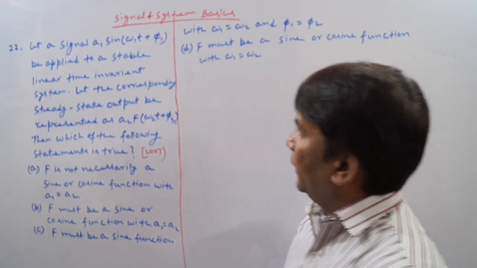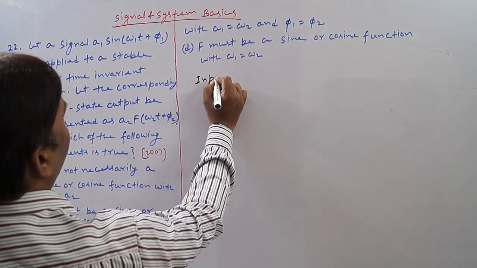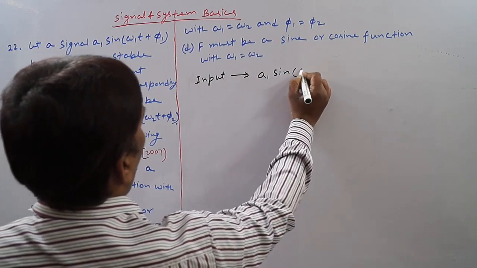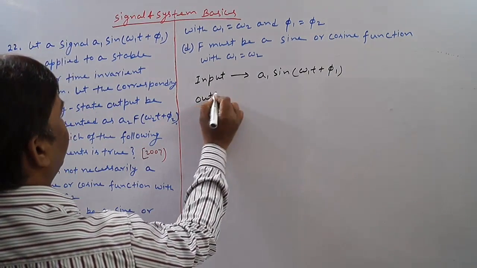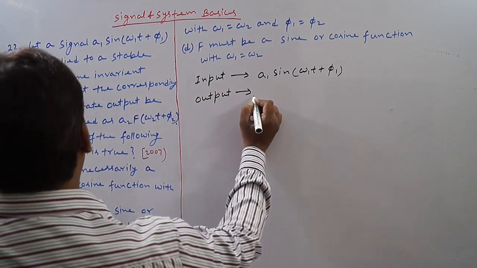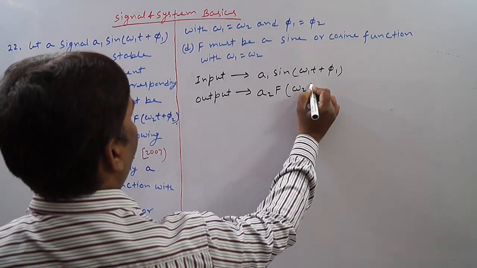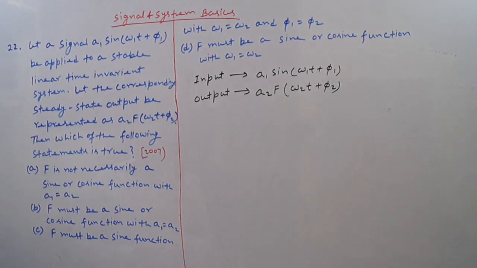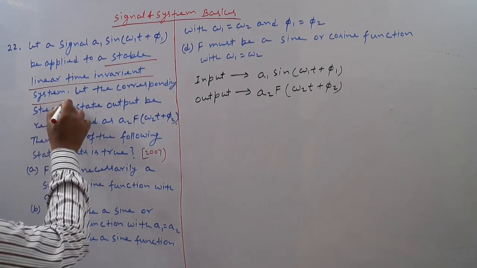So it is given that the input is A1 sin(omega 1 t plus phi 1), and the output is nothing but A2 f(omega 2 t plus phi 2). Again, it is given that the system is a stable linear time invariant system.